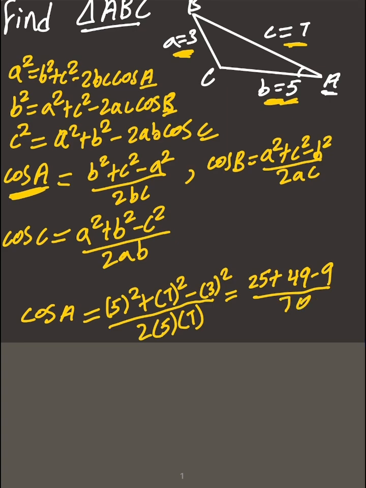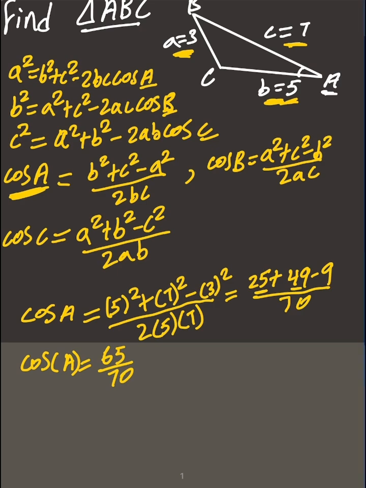So now we can simplify this. Cos of A is going to be 49 minus 9 is 40, plus 25 is 65, and at the bottom just 70.